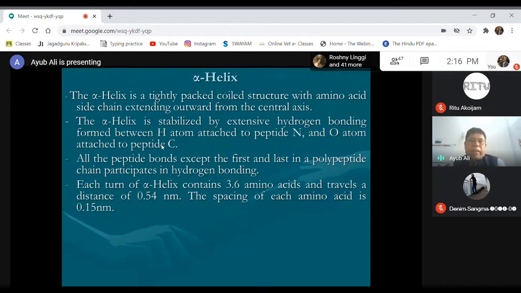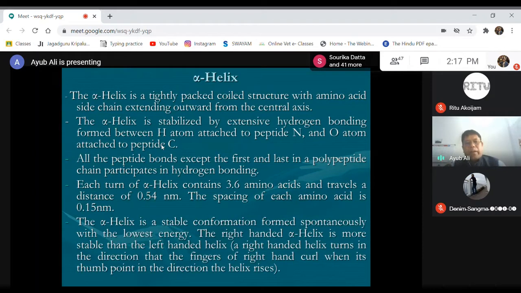Each turn of the alpha helix contains 3.6 amino acid residues and travels a distance of 0.54 nanometer. The spacing of each amino acid is 0.15 nanometer. The alpha helix is a conformation formed spontaneously because it is thermodynamically feasible. The right-handed alpha helix is more stable than the left-handed helix.